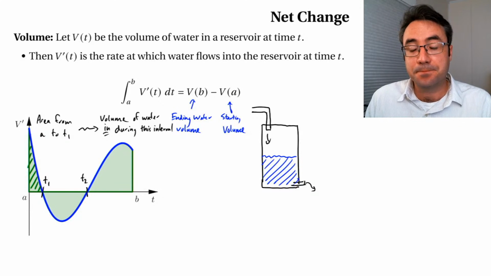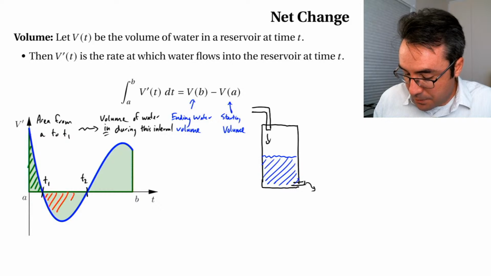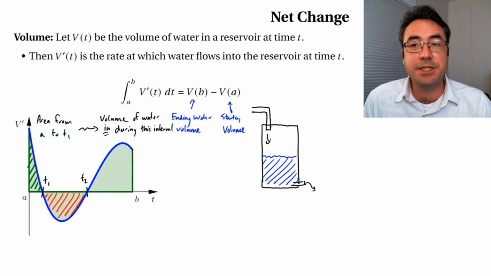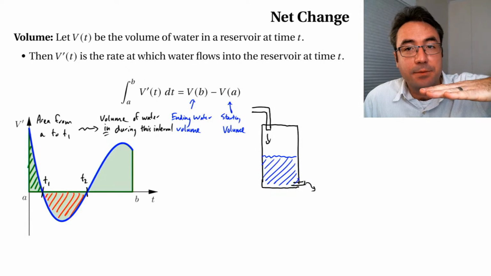Now, if we were to look at the shaded region below, in between t1 and t2, what's happening here is V prime is negative. So when V prime is negative, the volume is going down.